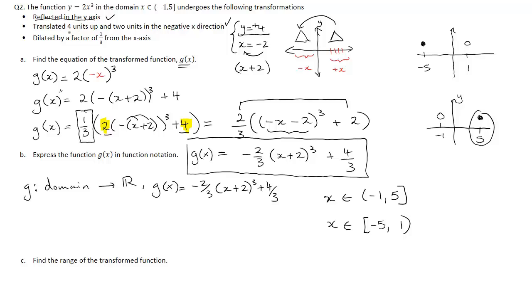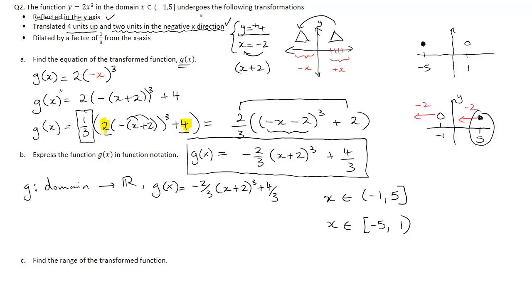The second point is it's been translated up by 4 units. That doesn't affect our domain. However, our domain will be affected by the next change, which is a change of 2 units in the negative x direction. So if you consider moving both of these points 2 units in the negative x direction, you're subtracting 2 from them.